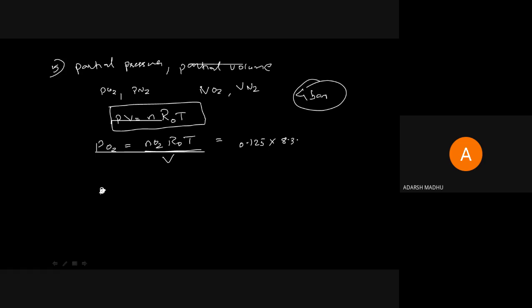Then 8.314 into 10 power 3. The temperature is 300 Kelvin, divided by volume. Volume is 2.115.